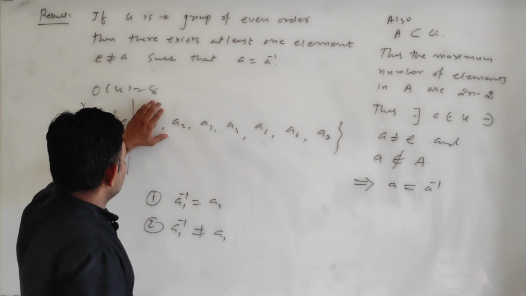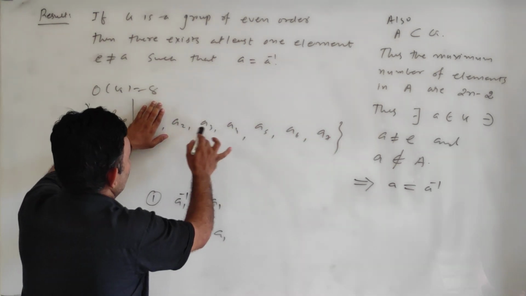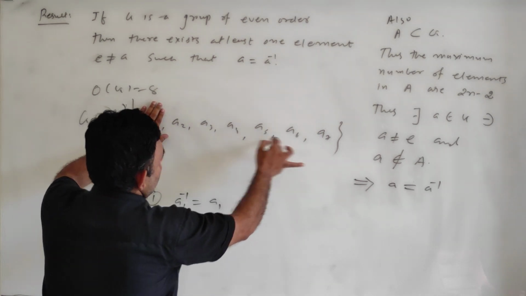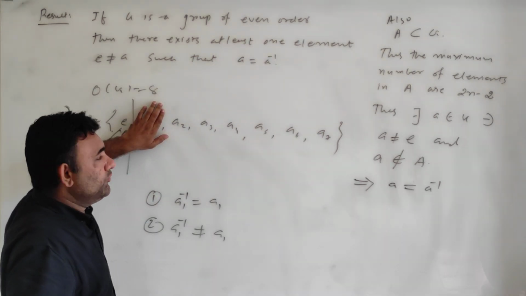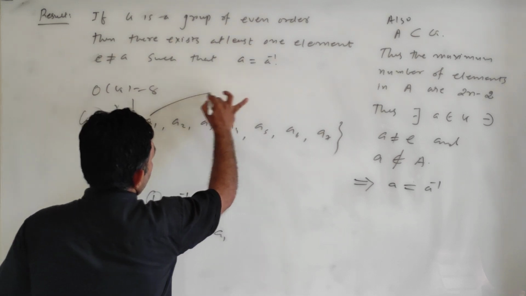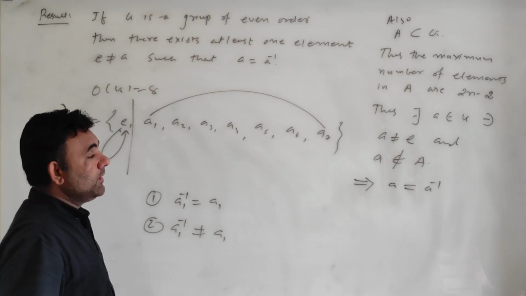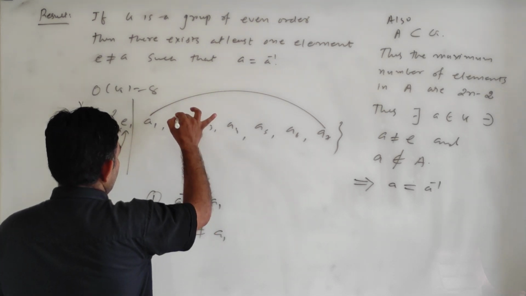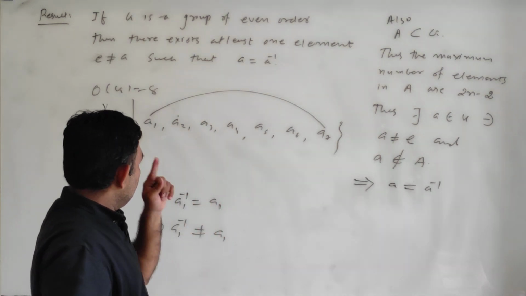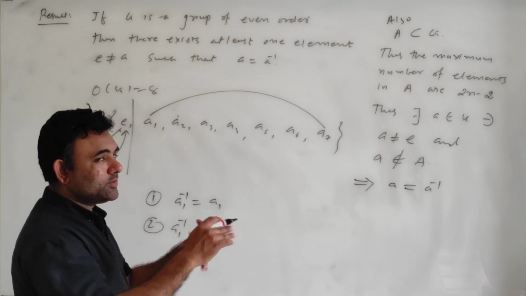So a1 inverse is definitely among a2, a3, a4 up to a7. Without loss of generality, I assume that a1 inverse is a7. Now similarly, a2 inverse is also somewhere. There are two cases: a2 inverse is itself, or a2 inverse is some other.